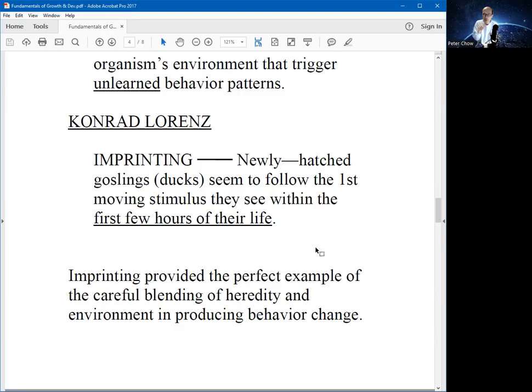Baby ducks only saw Lorenz's shoes. So that's the critical period. Within that critical period, something must happen to trigger that kind of behavior. We will come to this very soon when we discuss critical periods, like bonding between parents and the newborn baby.